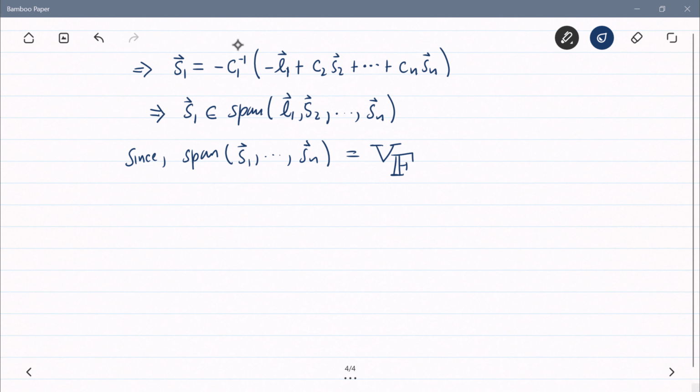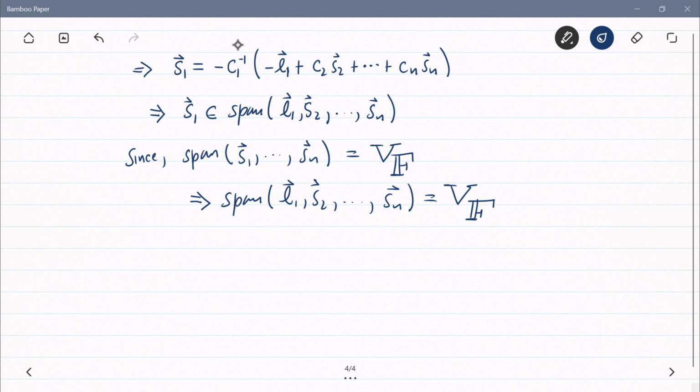As the fact B says, this should also obviously span the space, which implies the span of this set should also be the same. At least it should span the space.